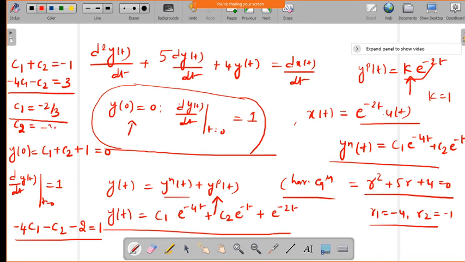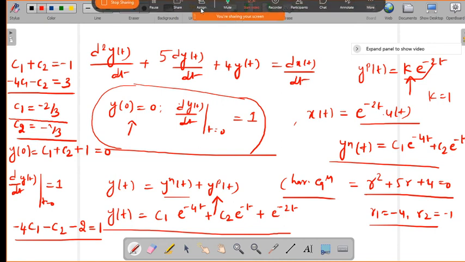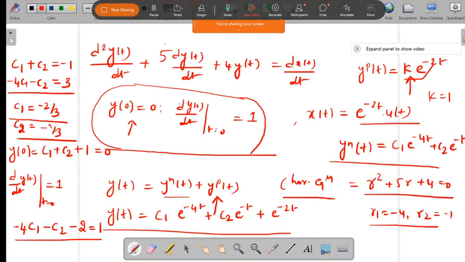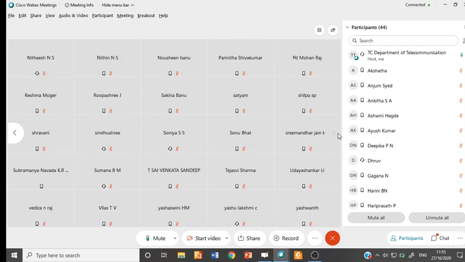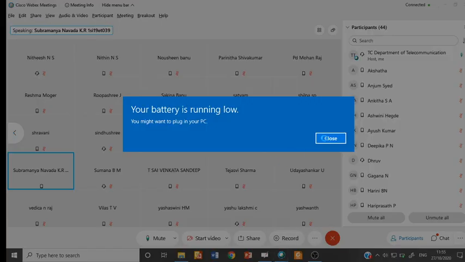And C2 as minus 1 by 3. Did you get it? Anybody? Hello? Subramanya, have you got this one? Yes. C1 as minus 2 by 3 and C2 as minus 1 by 3. You got it? Yes, sir.